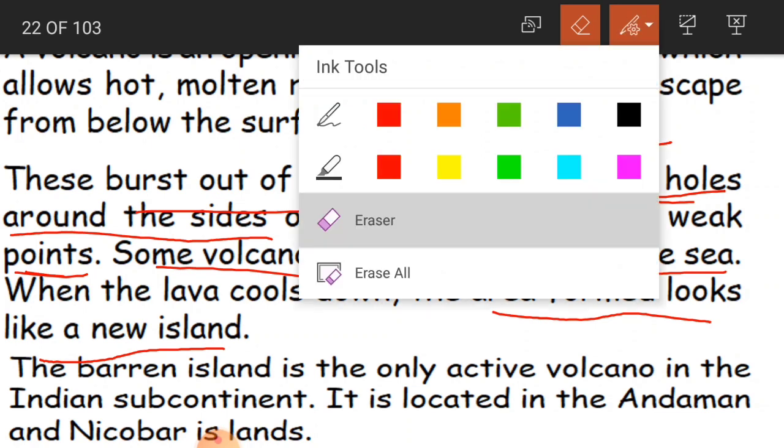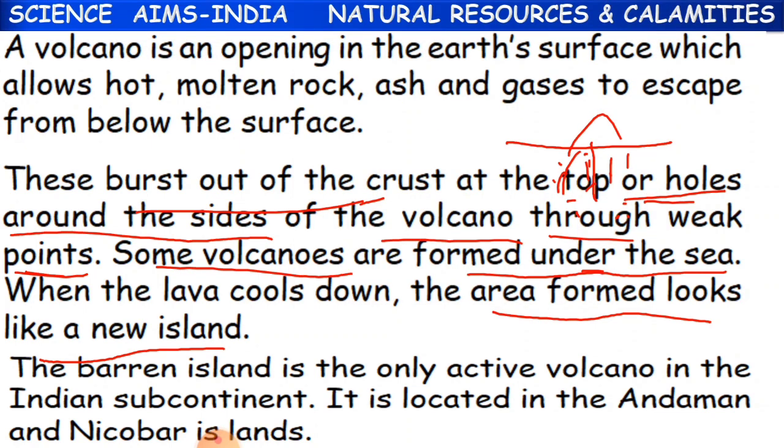Okay, so what is lava? What is lava, children? Just a minute. So lava is nothing but the magma. Again, what is magma? See, children, inside the earth we have layers. Those layers are nothing but several gases and a lot of melted materials.